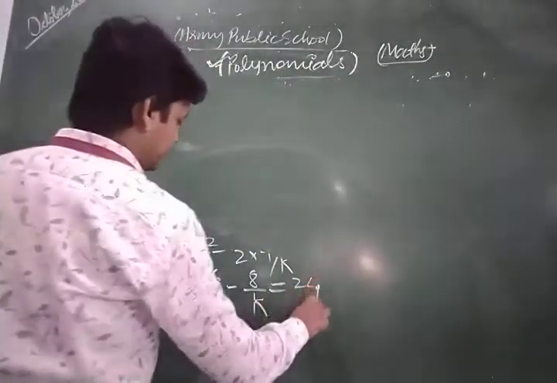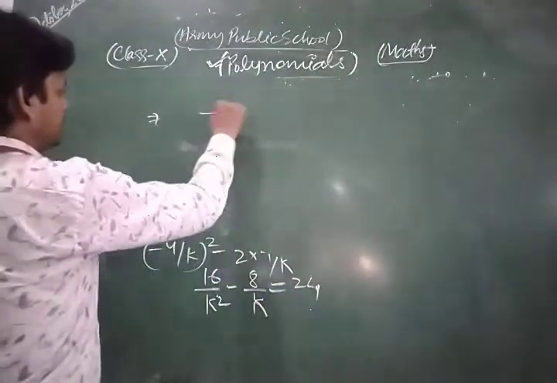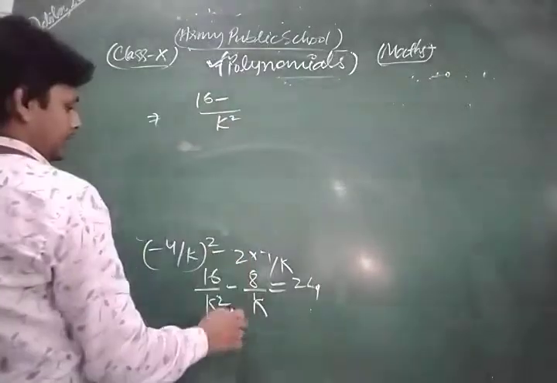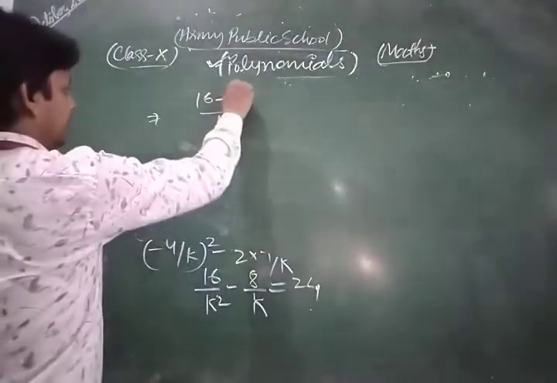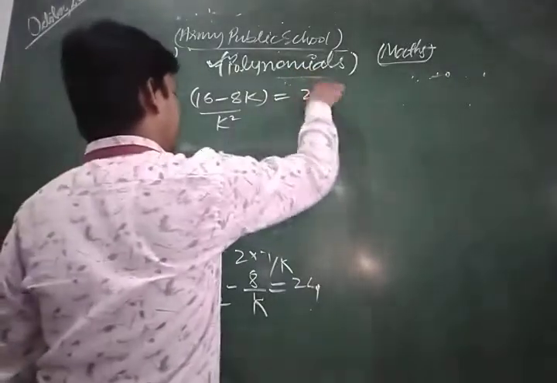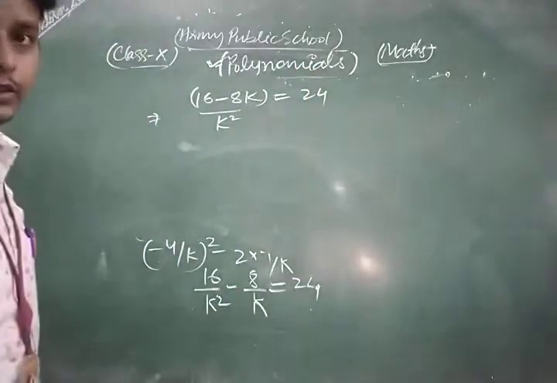Now we take k square as LCM, so we get 16 minus 8k upon k square is equal to 24.